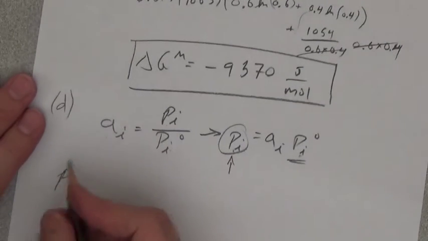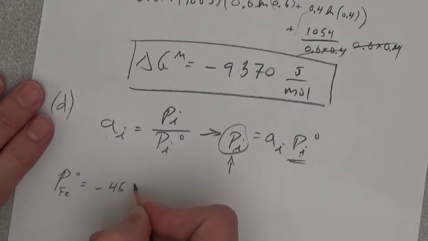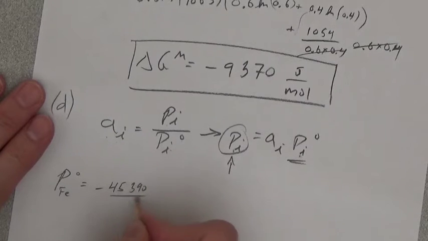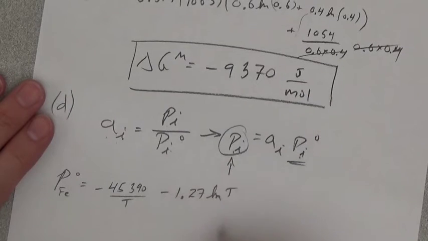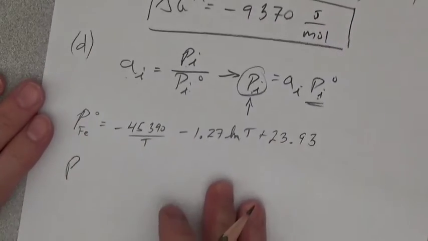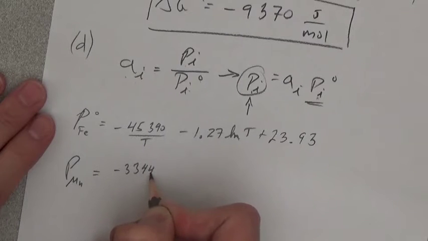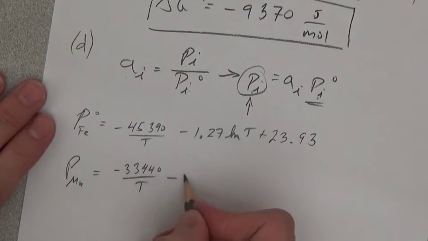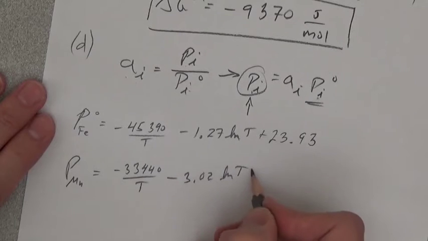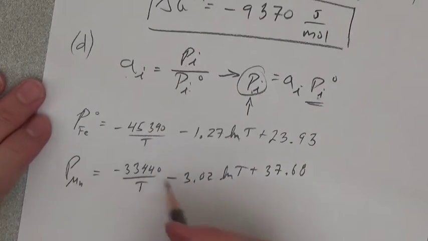So here we have P Fe naught is equal to negative 45,390 divided by T minus 1.27 natural log of T plus 23.93, and the partial pressure of manganese is equal to negative 33,440 divided by T minus 3.02 natural log of T plus 37.68.